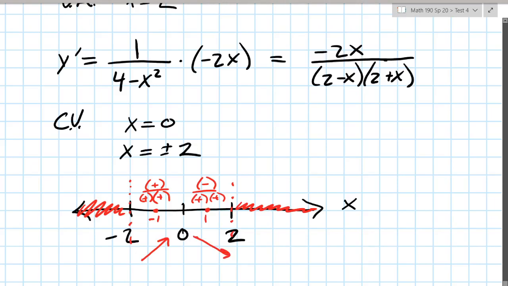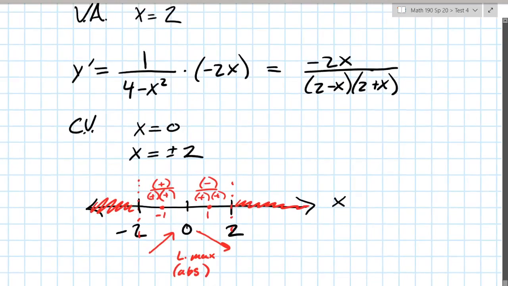So decreasing, which means we have a local max. It is also an absolute max. It has to be an absolute max, since the function's only increasing then decreasing.